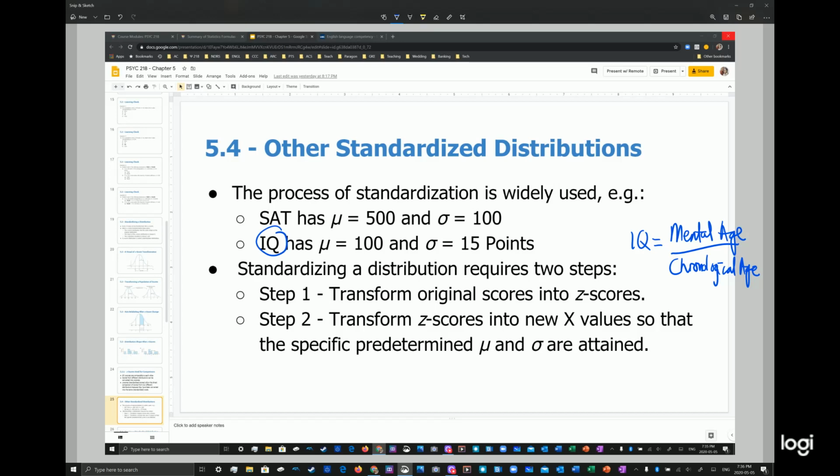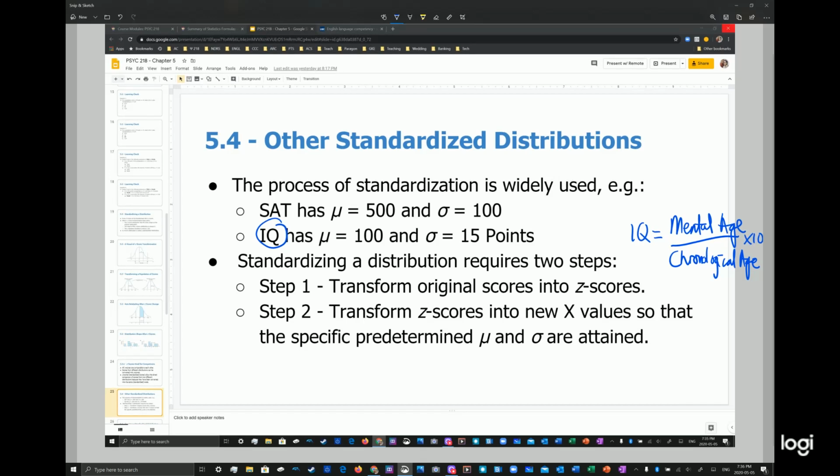If a person is, quote-unquote, smarter, that person may think like a 30-year-old, if the test considers a mental age of 30 to be more intelligent, versus somebody measured to have a mental age of 10, who would be less intelligent. Again, the average logically here would be 100, because IQ is the ratio of mental age over chronological age multiplied by 100. So by itself, it's already kind of a standardized score.